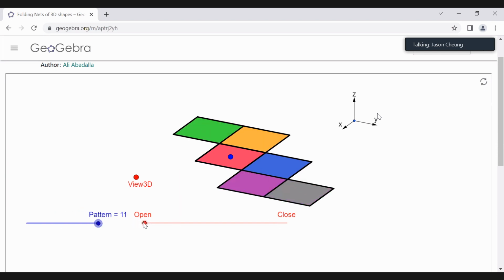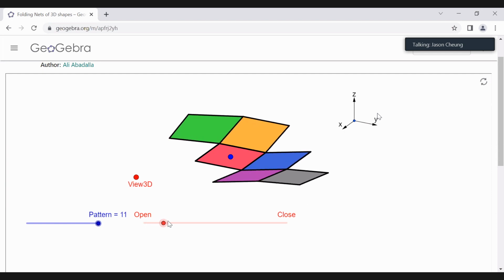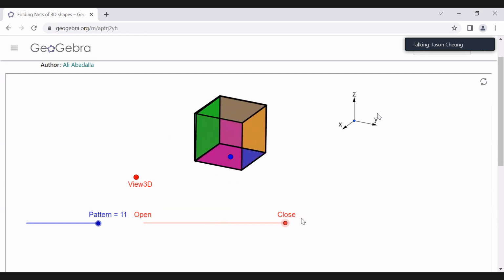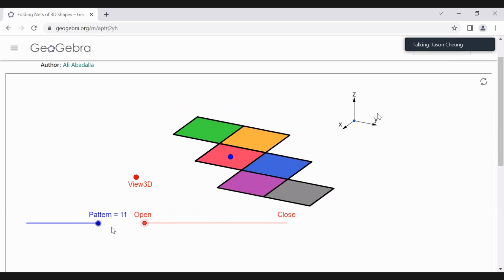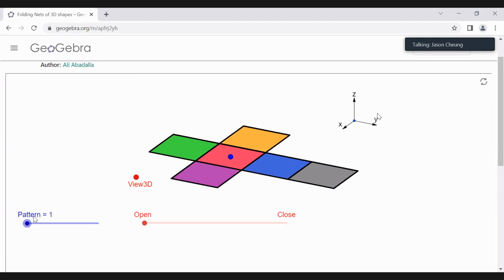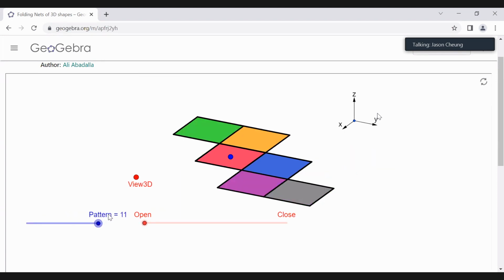This is the 11th pattern. So here, this is the 11th pattern net. So this net can also be formed into a cube.